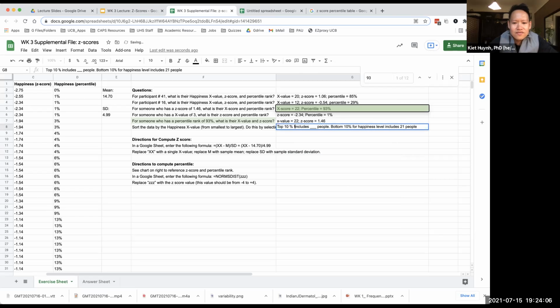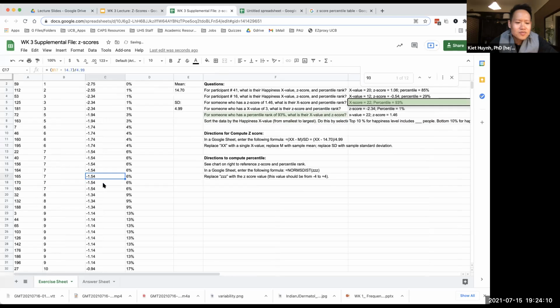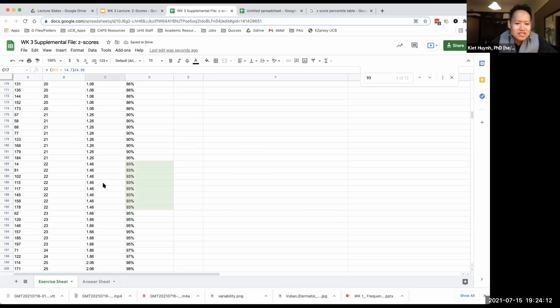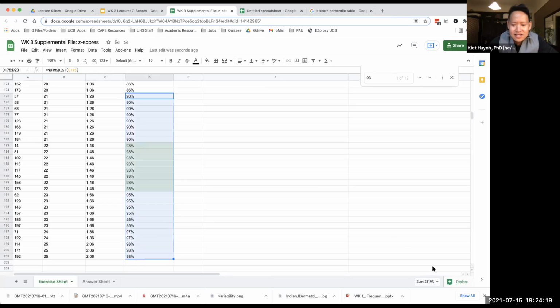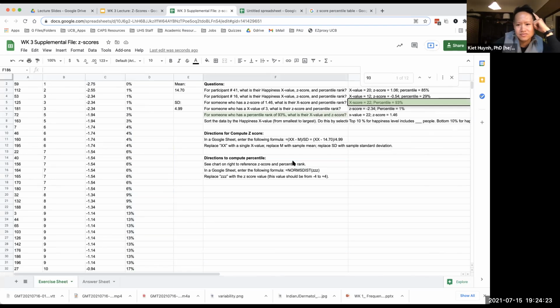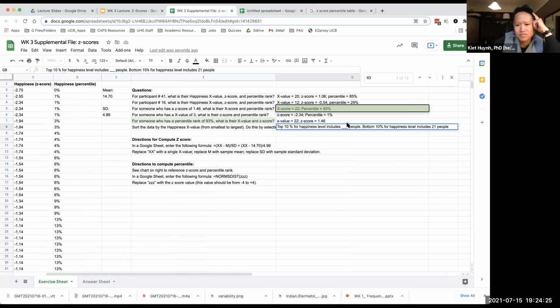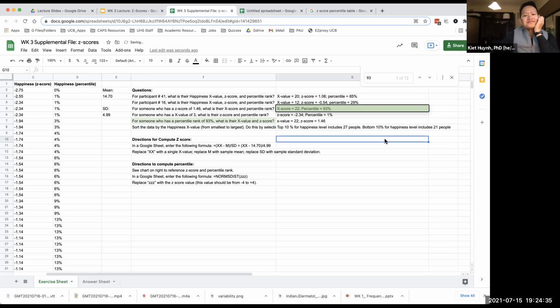Now the top 10% for happiness level: the happiest people are these people here, the ones at the 90th percentile. Again, I'll click down here and look at the count: 27. So the top 10% for happiness level includes 27 people. The bottom 10% for happiness level includes 21 people. And everyone else is in the middle.